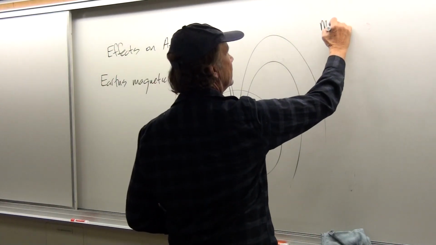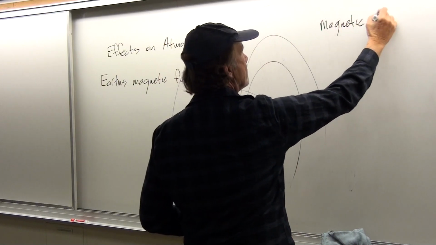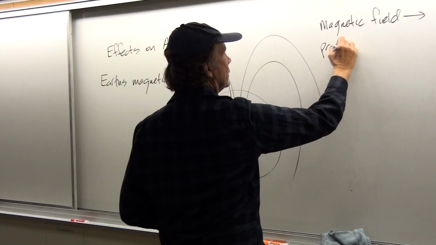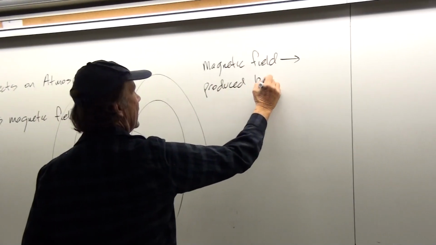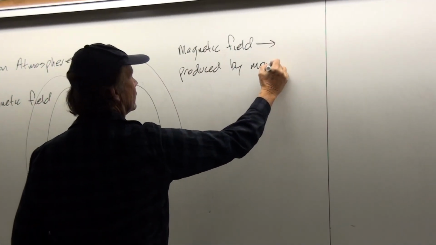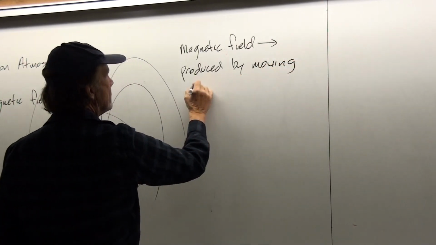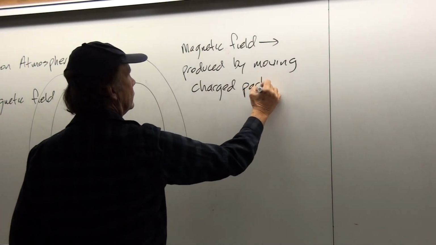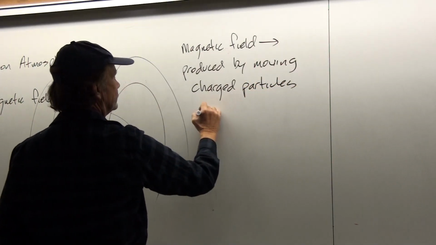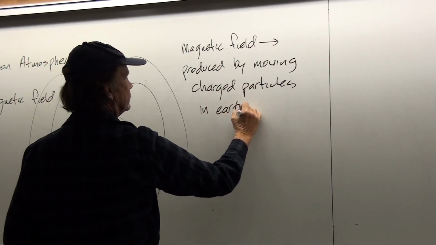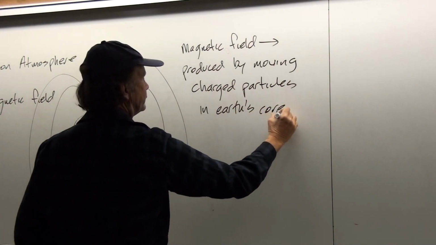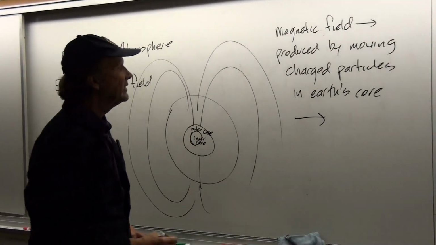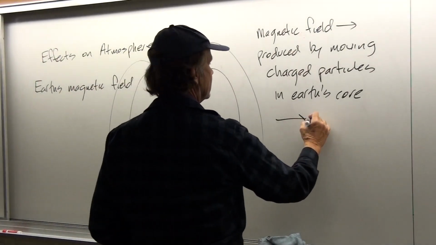So a magnetic field is produced by moving charged particles in the core. This motion in the core is caused by radioactive decay of heavy elements.